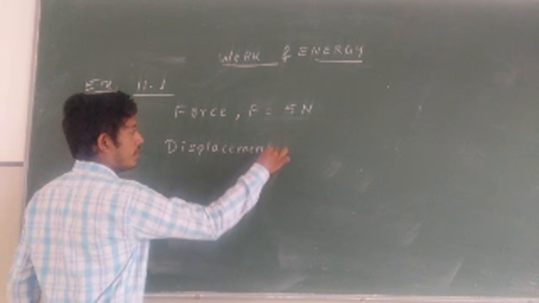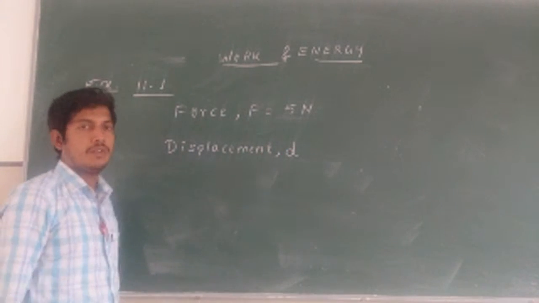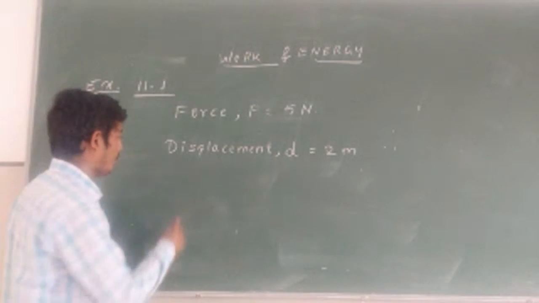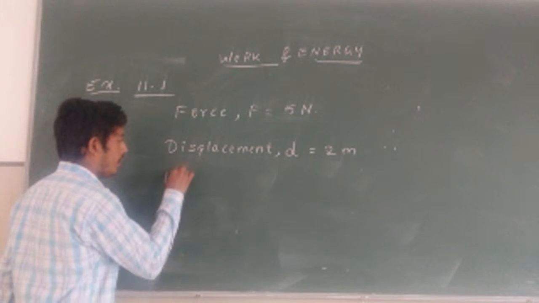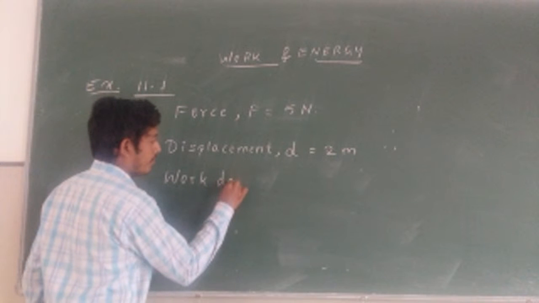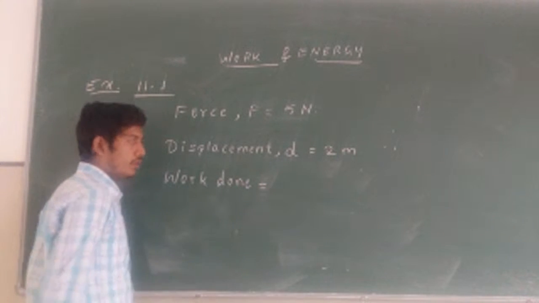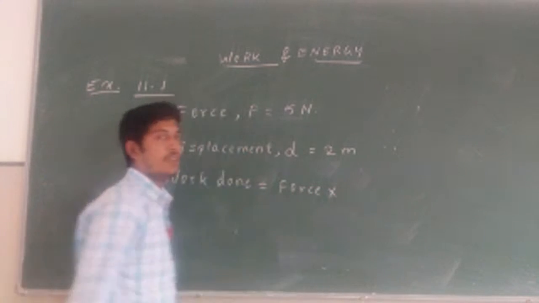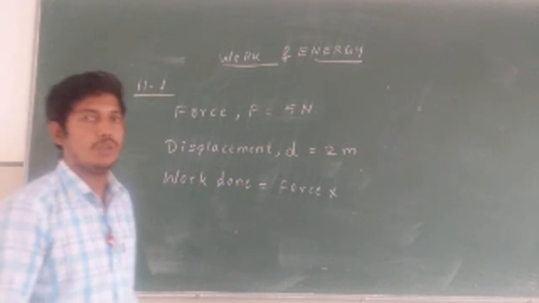Displacement, I'll use the small letter s to represent displacement, is equal to 2 meter. Now I have to find out the work. Therefore, work done is equal to force into displacement.